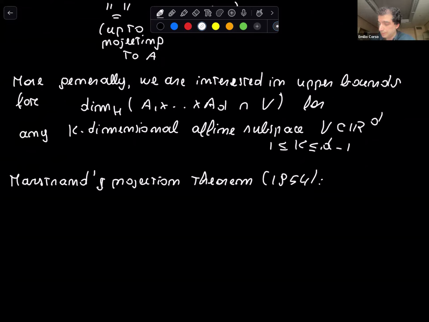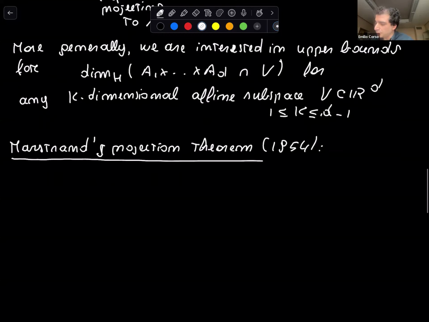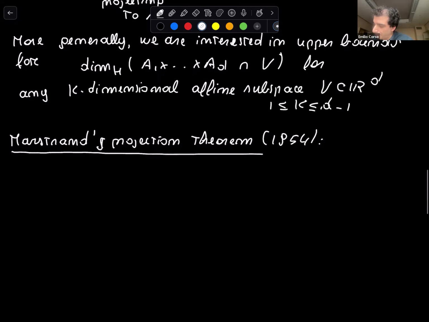Actually, what I'm stating now is the generalization to arbitrary dimensions. Marstrand proved the case of the plane, D equal to 2, and intersections with lines. The generalization was due to Mattila in 1975, but people in the community normally refer even to the generalization as Marstrand's projection theorem.